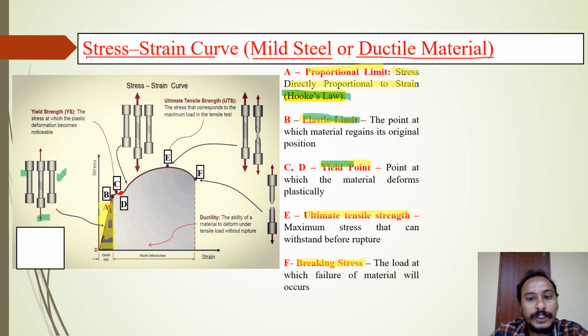And then the next thing is the yield point. Yield point means the point at which the material deforms plastically. Which means that if this is our material and we apply the load, it will deform some distance, and once the material reaches the yield point, it cannot regain its original shape and size.